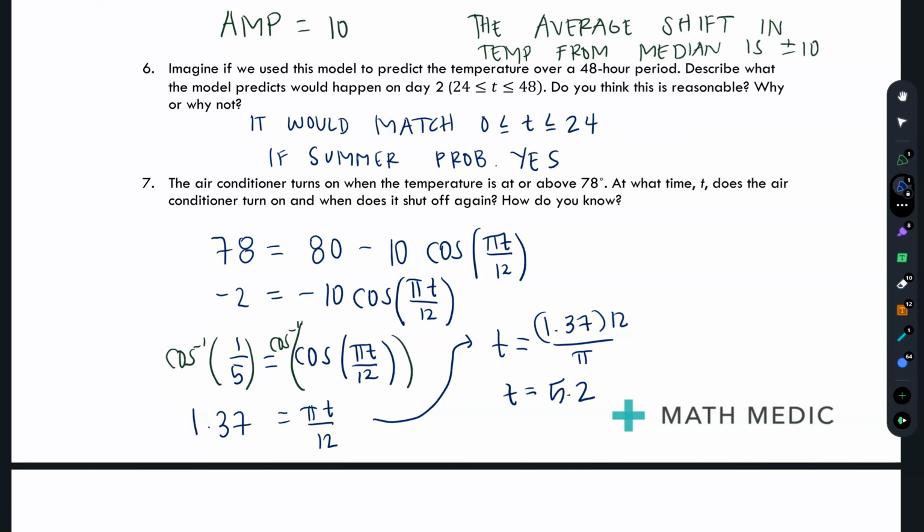It's periodic, so this is when the air conditioner turns on, and if it turns off, it'll be in a 24-hour period, right? So I'll say 24 minus 5.2. So it'll turn off at 18.8 hours.